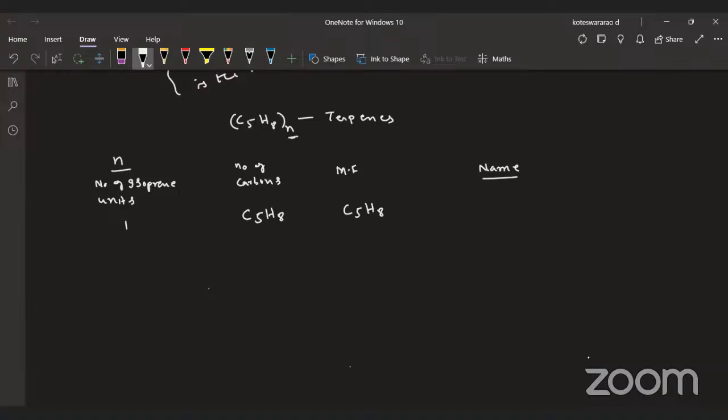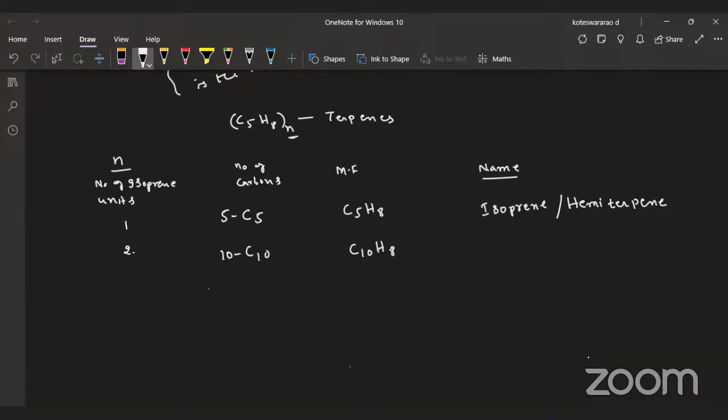This terpene is isoprene. Next, the second one, where n is equal to 2: 2 into 5 is 10, 2 into 8 is 16, so C10H16. You simply make the number of carbons from the molecular formula.